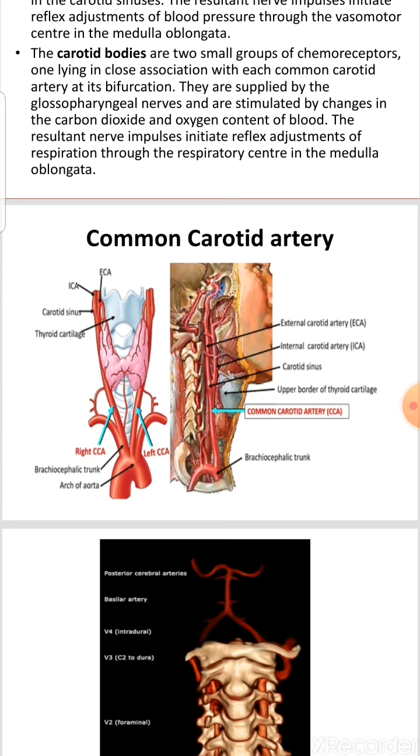The right from the brachiocephalic trunk, and the left from the arch of aorta. If you look at their course, they are going upwards in front of the trachea, enclosed in the carotid sheath, and at the level of the upper border of the thyroid cartilage, the common carotid arteries are bifurcating into their main branches, internal carotid and external carotid arteries.